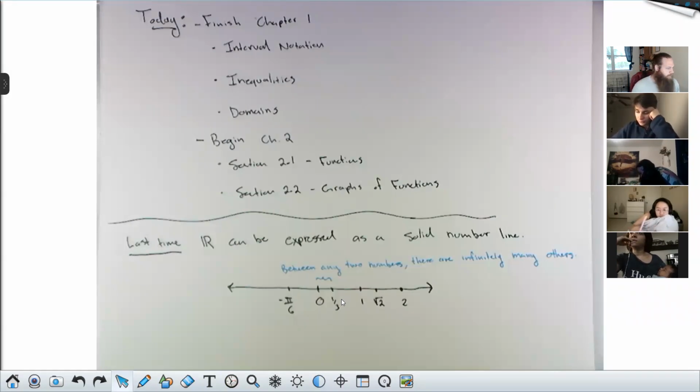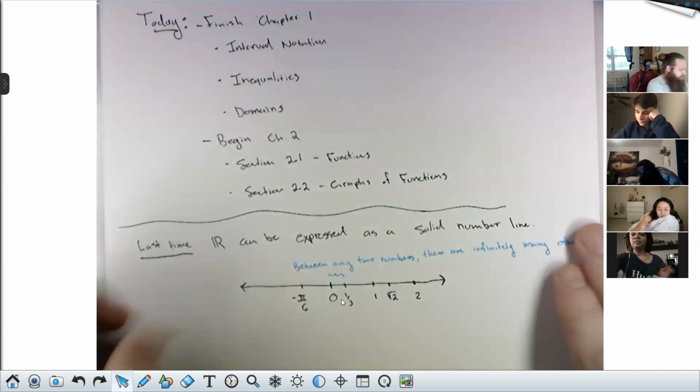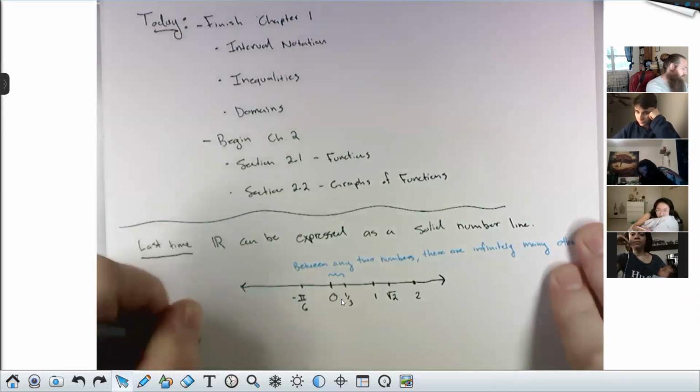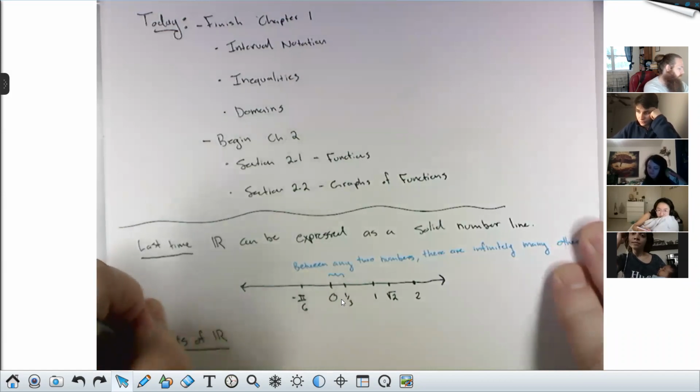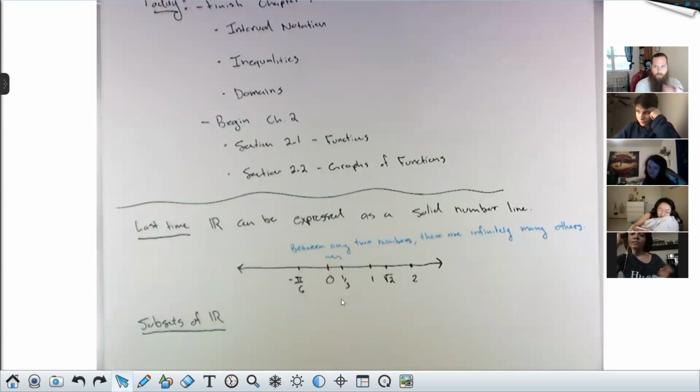When we want to talk about subsets of the real numbers, not all the real numbers, just some of them, there's a few really convenient ways to do that. It's not easy. I can't describe it in terms of the next real number, because there is no next real number.